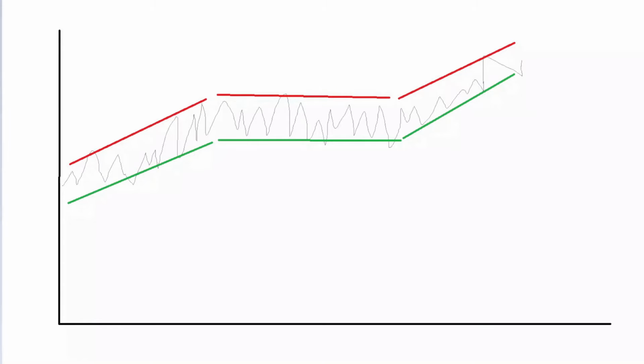I think I'm going to cover one last continuation pattern, and that is this one. So it looks somewhat similar to the flag pattern. The difference is that it's horizontal. So the rectangle part is here. This is a rectangle. There's your rectangle.